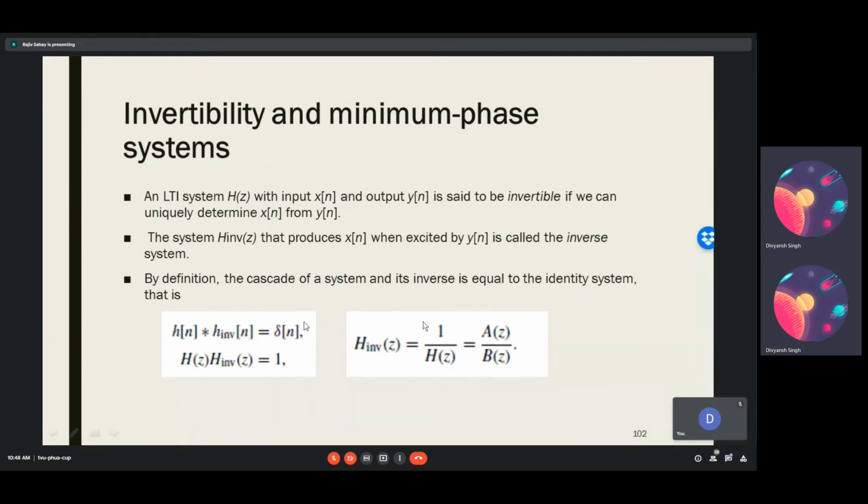If H(z) is given as B(z) by A(z), then H inverse is A(z) by B(z). In the time domain, the convolution of h(n) and h inverse(n) is the Kronecker delta.